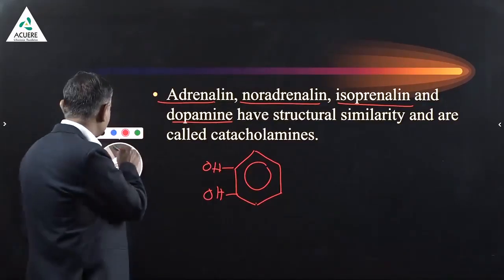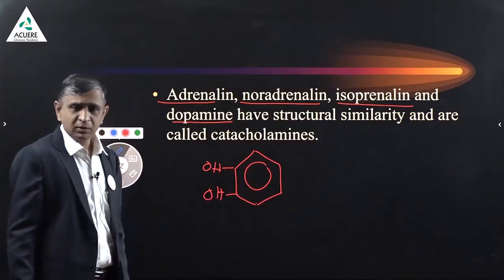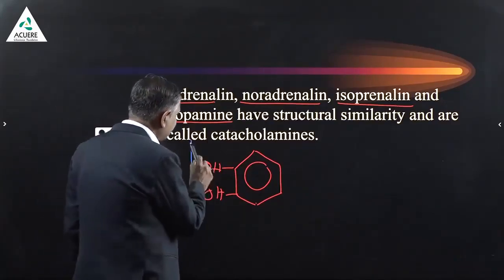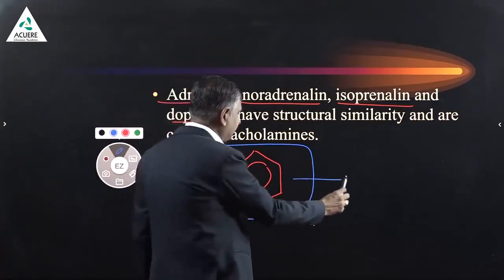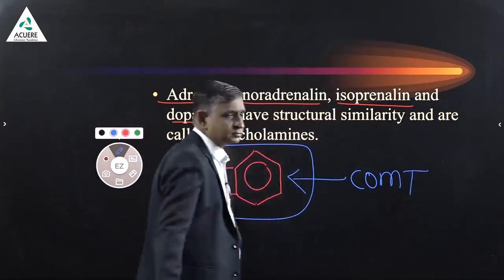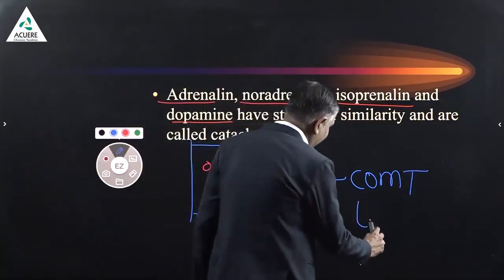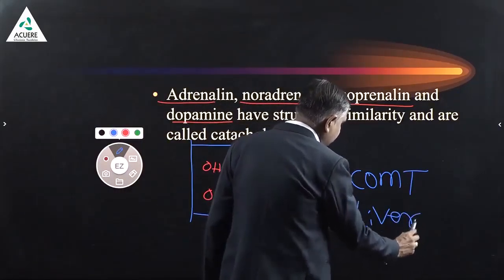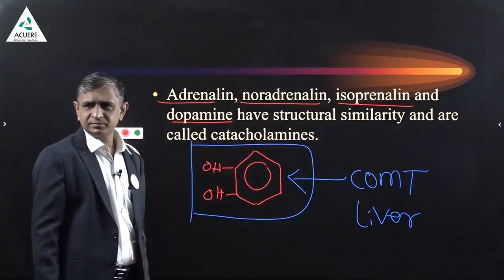Now, this fellow is thinking, Dr. Joshi, why are you putting so much stress on this catechol? Because, my dear students, this catechol nucleus is susceptible to an enzyme known as COMT. COMT is an enzyme present in the liver. COMT stands for catechol O-methyl transferase.